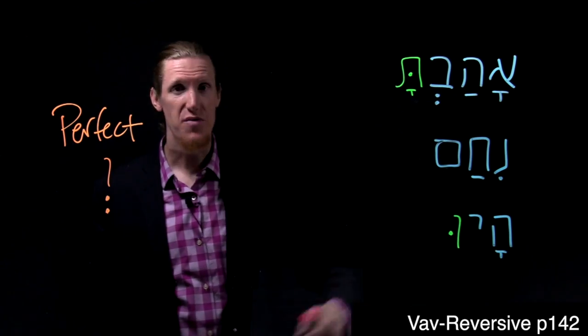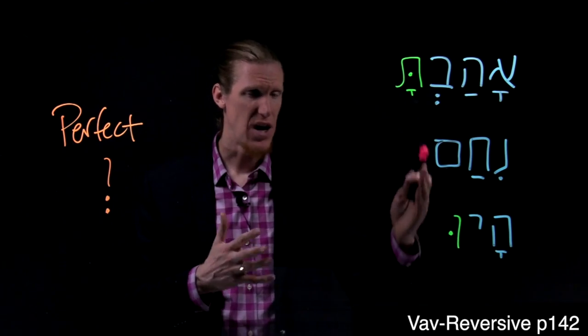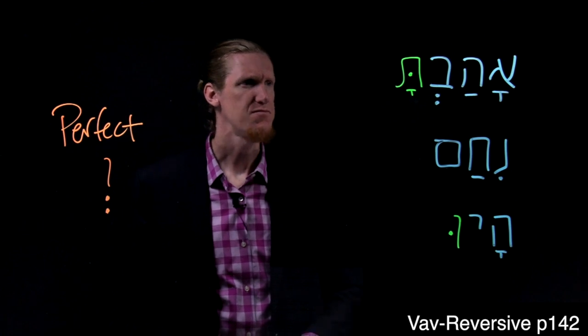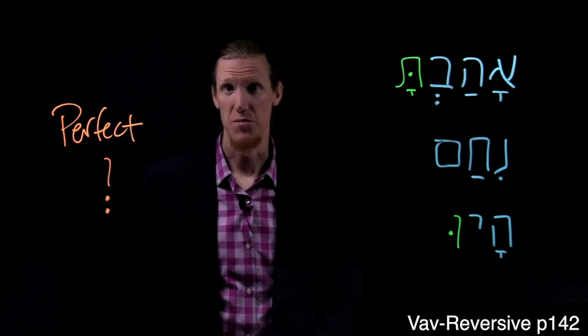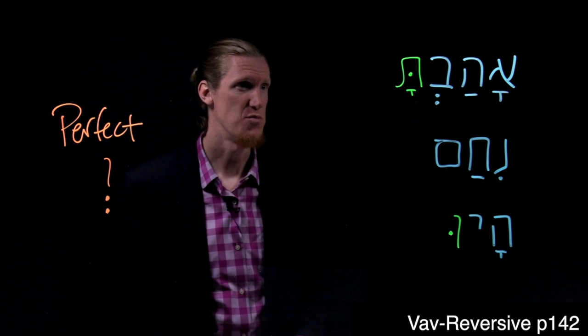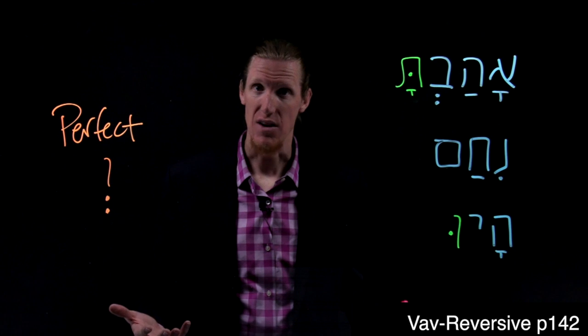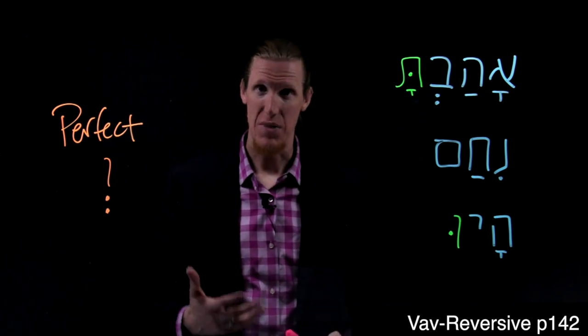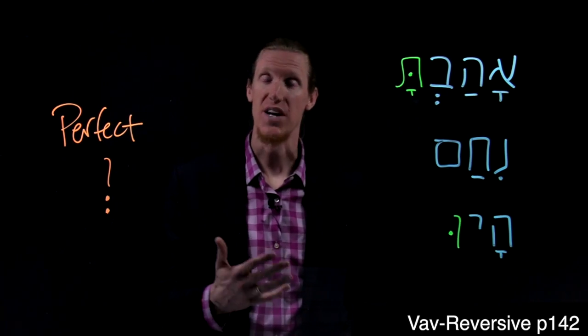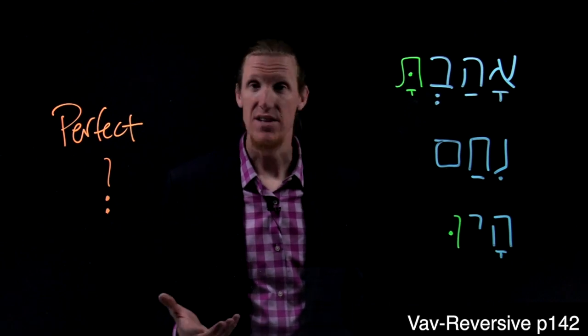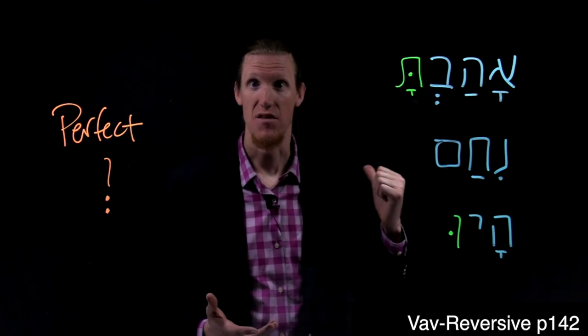We have three perfect forms that are perhaps somewhat familiar to you here. The first one is from the Shema, the second verse of the Shema. Ahavta is the verb to love. This is the second masculine singular perfect form. We would translate this generally, you loved.